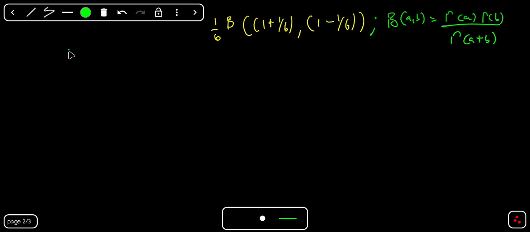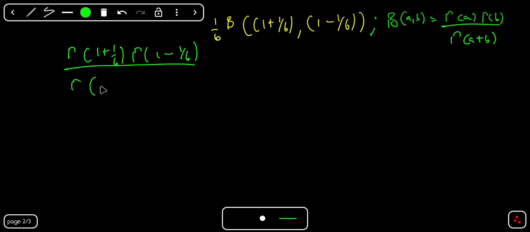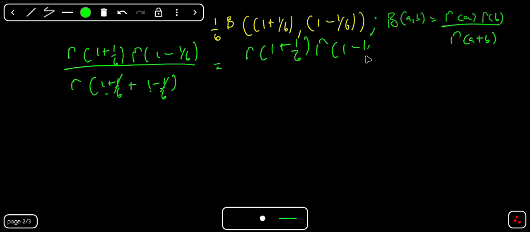So we'll have gamma of 1 plus 1 over 6, multiplied by gamma of 1 minus 1 over 6, then everything over gamma of 1 plus 1 over 6, plus 1 minus 1 over 6. So 1 over 6 minus 1 over 6 gives us 0, and 1 plus 1 gives us 2. So we have gamma of 1 plus 1 over 6, multiplied by gamma of 1 minus 1 over 6, everything over gamma of 2.